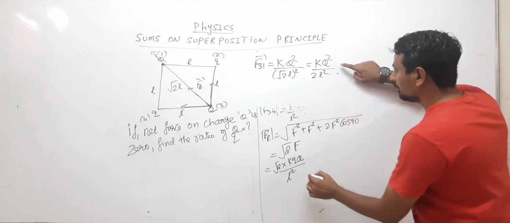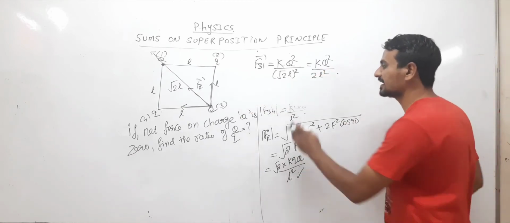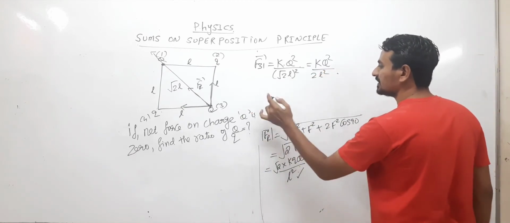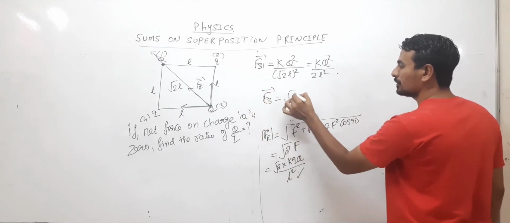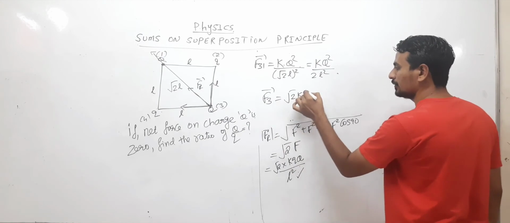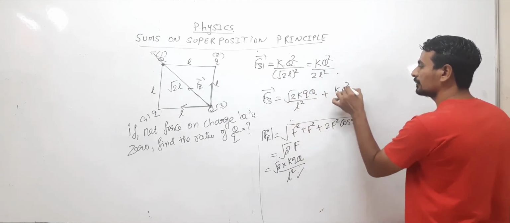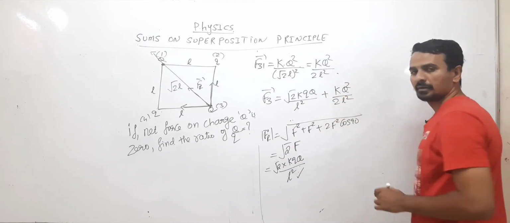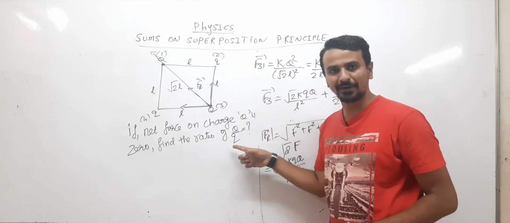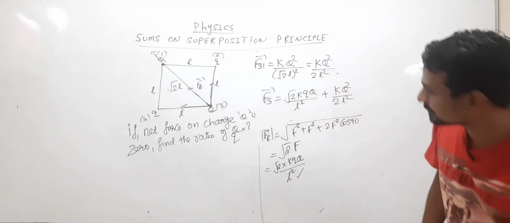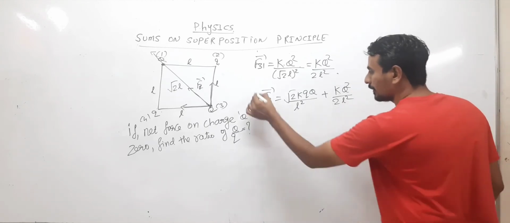So now I will add this force and this force. That will be the net force on the charge placed at 3. So the force on the charge placed at 3 will be root 2 KQq by L square plus KQ square upon 2L square. Now the net force on charge 3 is 0, and you have to find the ratio of q by Q. So I will substitute F3 as 0.